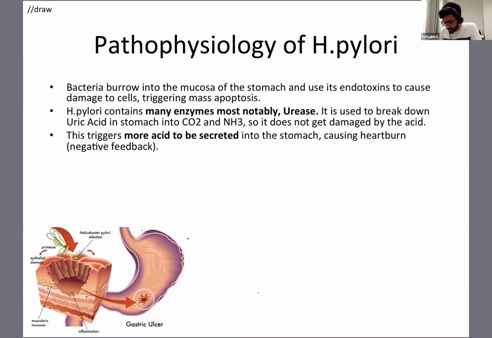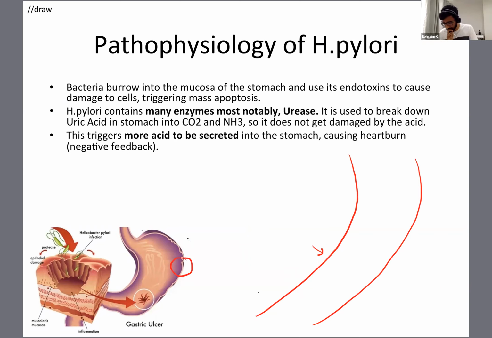Let's say this is the inner surface of your stomach, exposed to food, and this is the stomach lining. What I've drawn is zoomed into that area. What does H. pylori bacteria do once inside your stomach? First of all, using its tail, it's going to drive itself and burrow into the lining of your stomach.